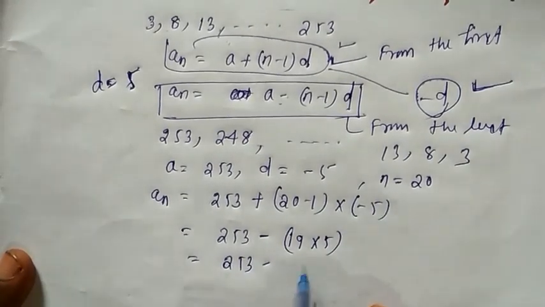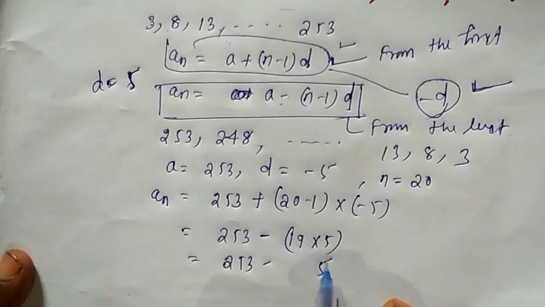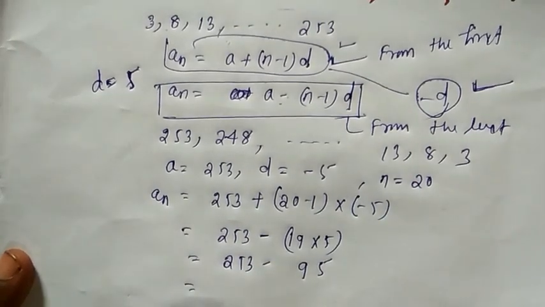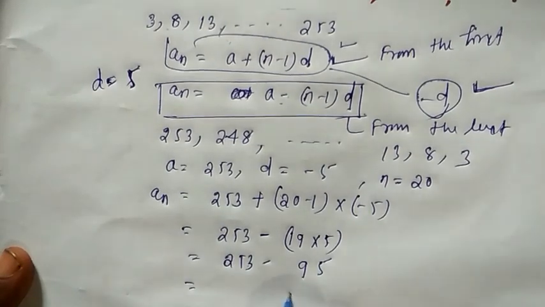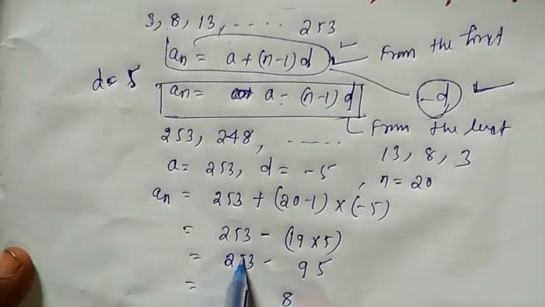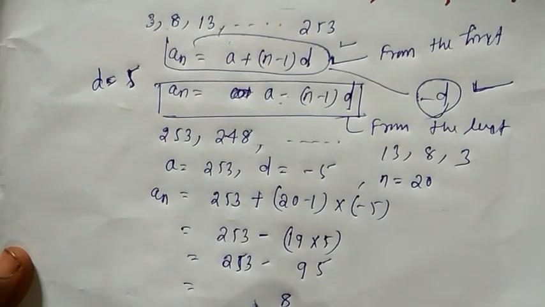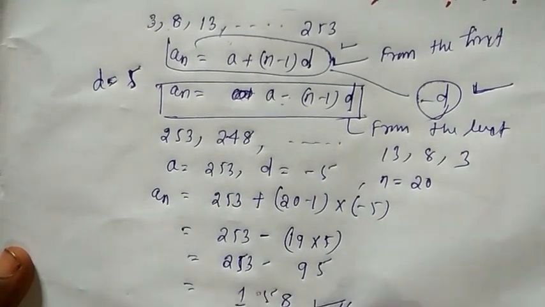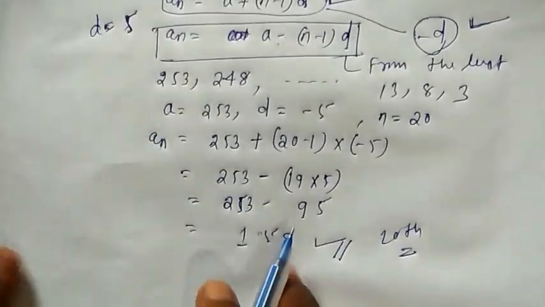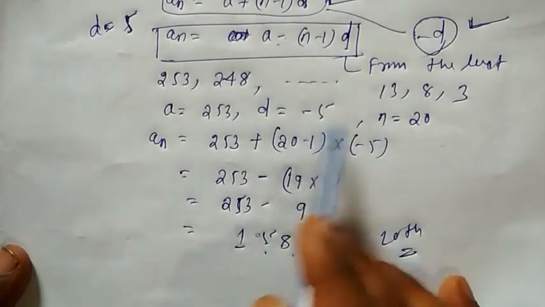So 253 minus 95. If we subtract, 13 minus 5 is 8, then 4, 14. Here 253 minus 95 gives 158. 158 will be the 20th term if we move from the last.